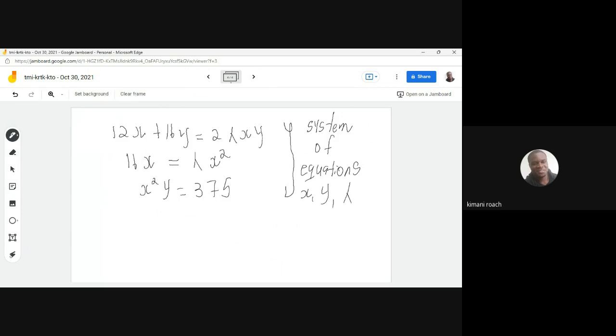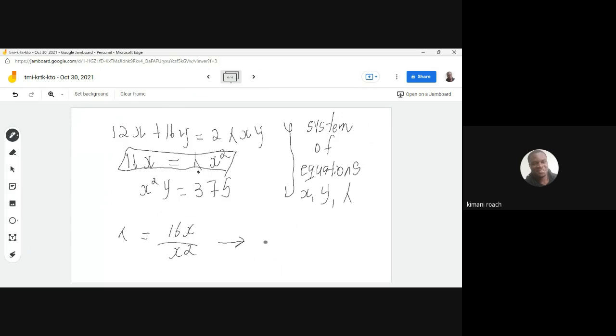What we're going to do is just choose one of the equations and solve for one variable. I'm going to choose my second equation, and I'm going to solve for lambda with respect to x. So lambda times x squared is equal to 16x, divide by x squared.